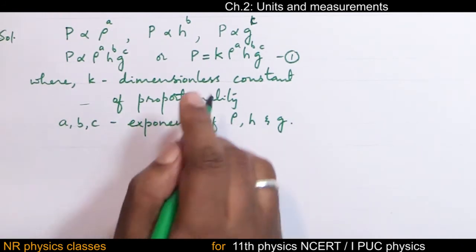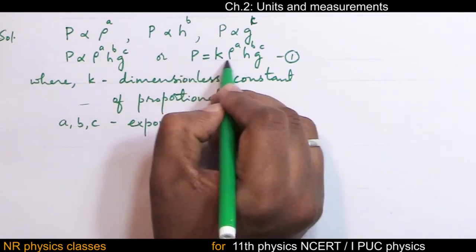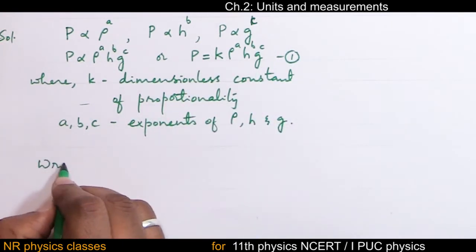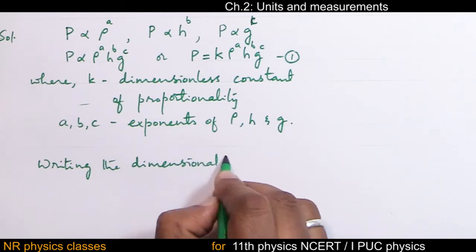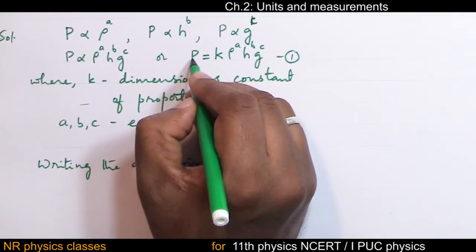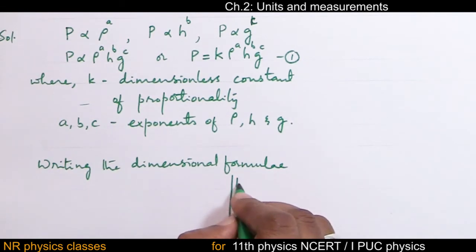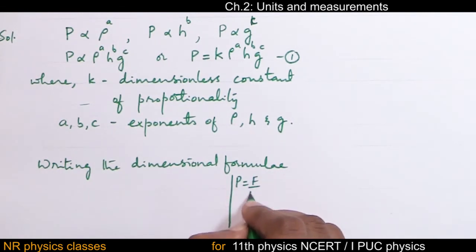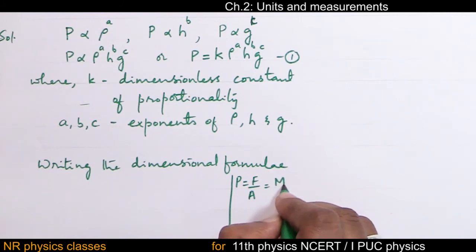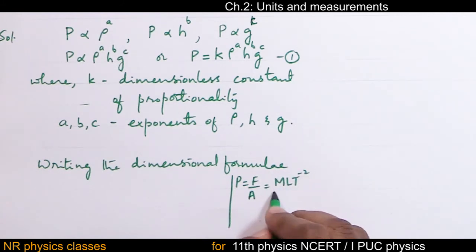Now let me write the dimensional formula for all these quantities. Pressure is force by area. Force is M L T minus 2.